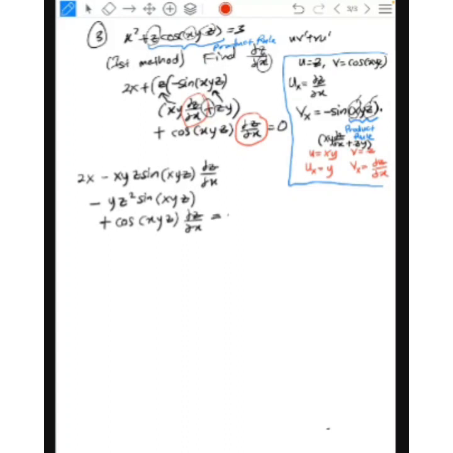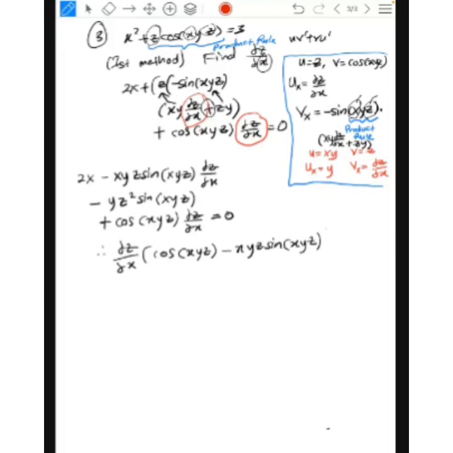Dah nampak macam ni, baru nampak ni sikit lah. Then the del z del x is cos xyz minus xyz sin xyz.